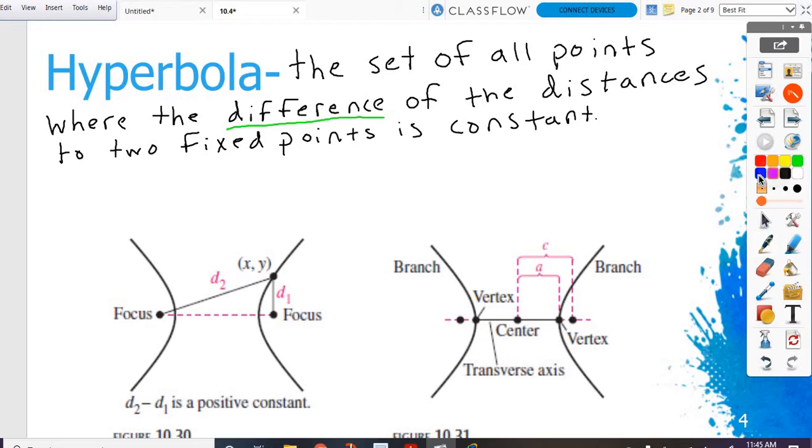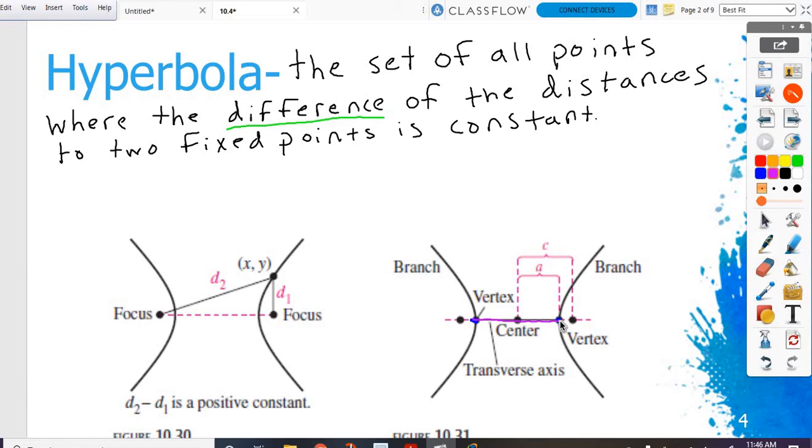Now, just like before, our center is going to be in the middle. We have two vertices, and they lie along our transverse axis. So our transverse axis is kind of like our major axis.